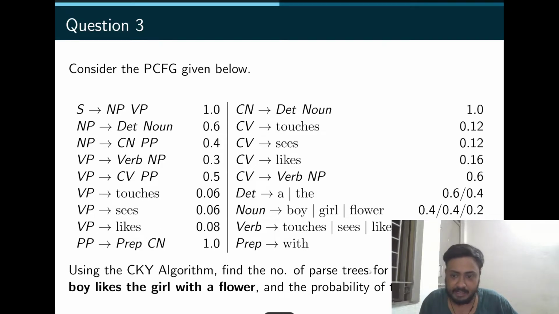As you can see, there are 18 rules, and you have to find the parse trees for the string "the boy likes the girl with a flower." You can extend that question into thinking that if you get the parse trees, you can calculate their probabilities and sum them up to get the probability of the string. So what is important here is understanding what will be the parse trees. All right, and we will go over that.